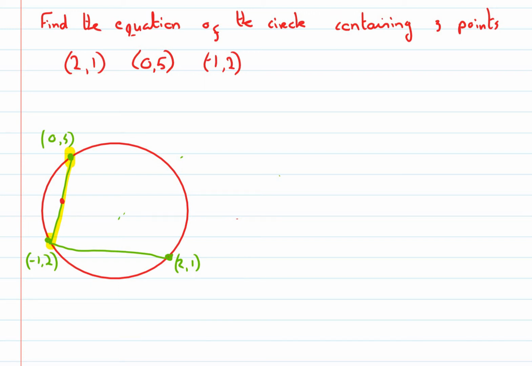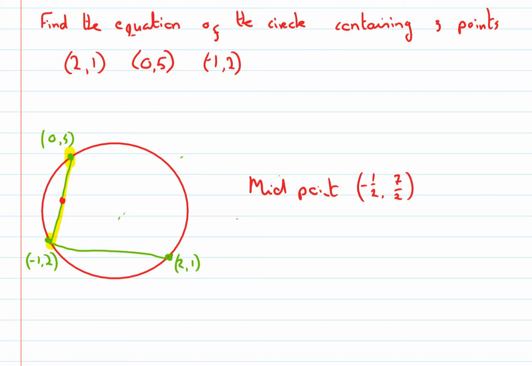How do I find the midpoint? Midpoint formula. The midpoint of this, when you do it out, you will get minus a half and 7 over 2, (-1/2, 7/2). So there is that midpoint.